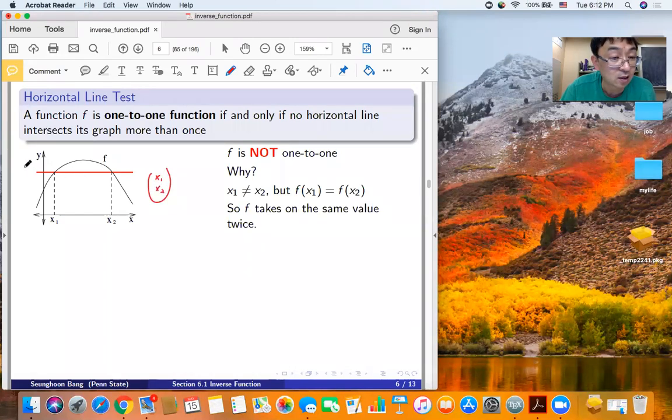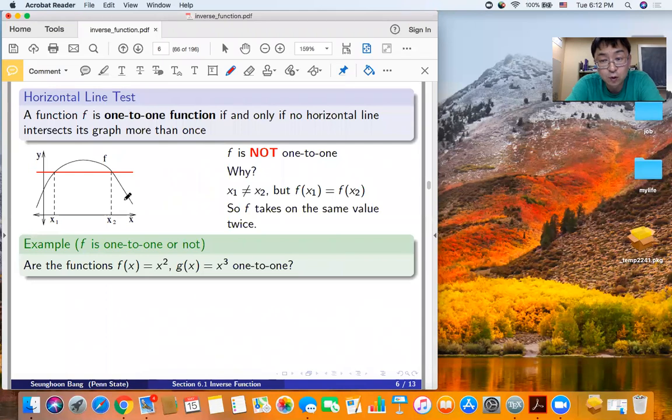We can write this function value as y1, so the range has y1. x1 is going to y1, x2 is going to y1. f takes on the same value twice, so it is not one-to-one. We have two intersection points, so it is not one-to-one.